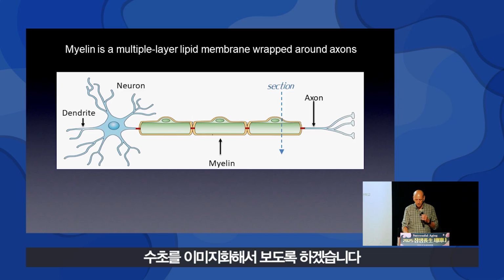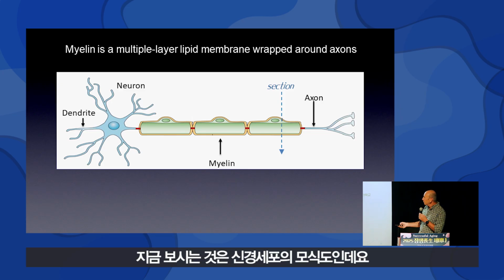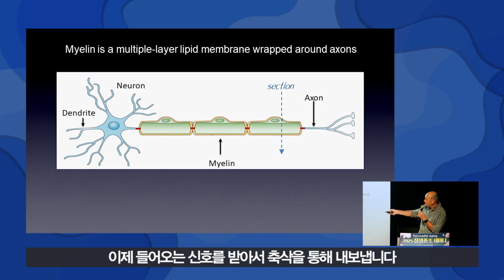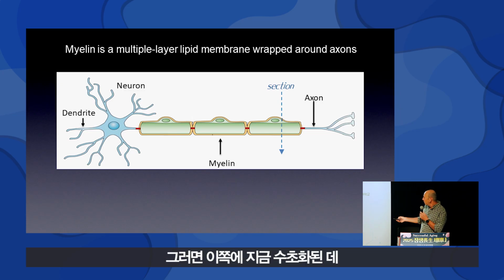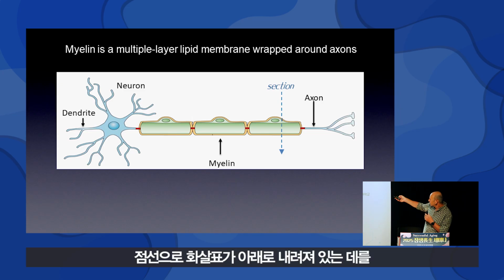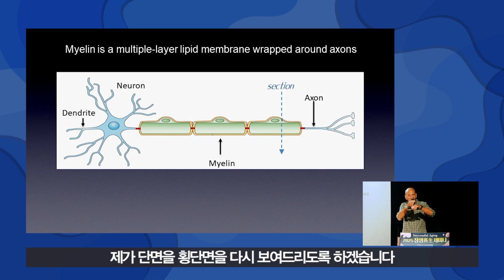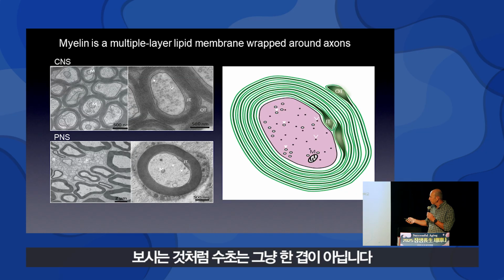What is myelin? So what we have here is a neuron. This is a nerve cell. It has here the cell body. The signal is coming from here, and it goes along the axon until the target. So myelin will be this ensheathing, insulating material, and if you make a section here through the myelin, and then I turn it like this, this is what you see.